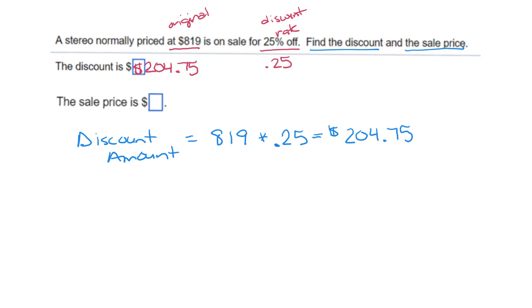The next item we need to find is the sale price. And if you recall, the sale price is found by taking the original price minus the discount amount.